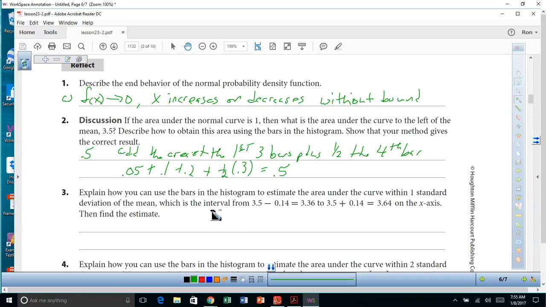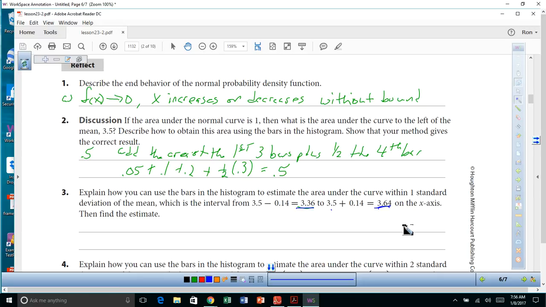Explain how you can use the bars in the histogram to estimate the area under the curve within 1 standard deviation of the mean, which is the interval from 3.5 minus 0.14, which is 3.36, to 3.64 on the x-axis.